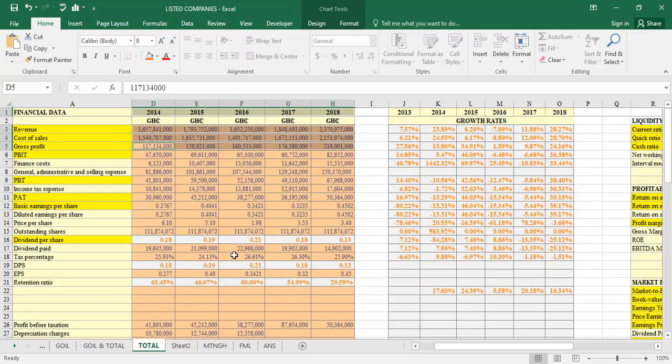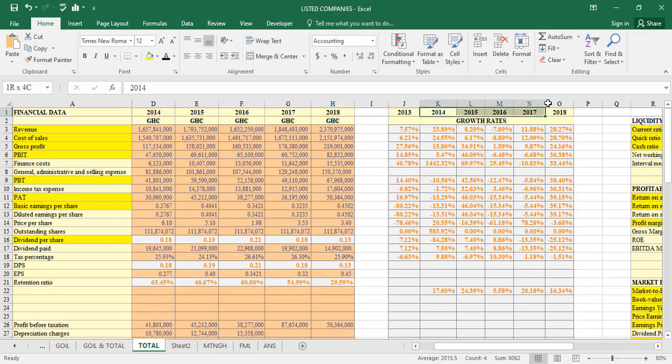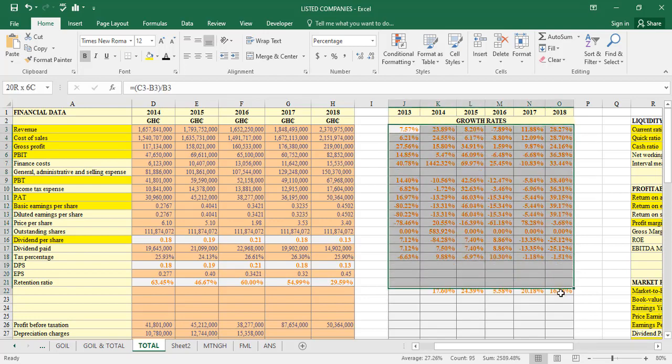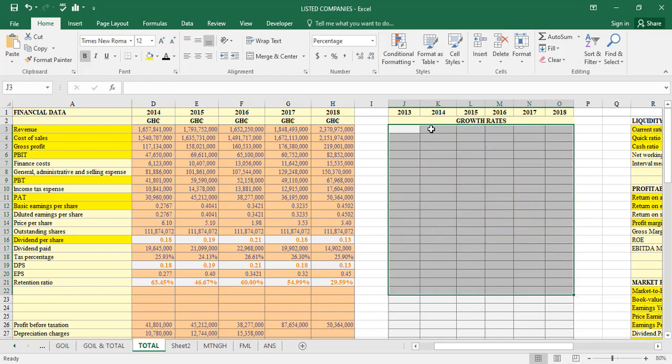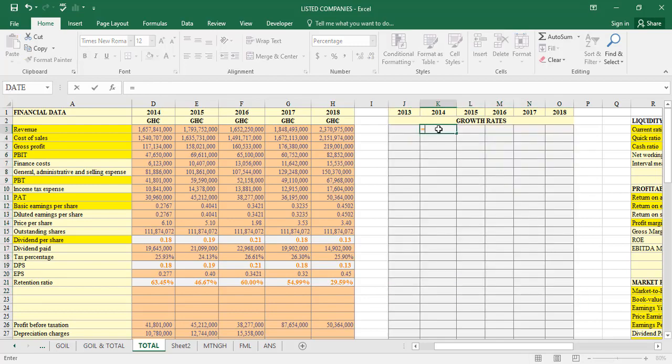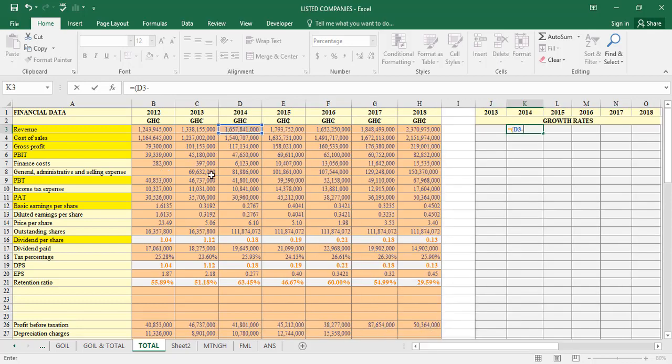Now let's look at how they have been growing this revenue from 2014 to 2018. We have already extracted the growth rates, but I would want to clear them up so that we do our own growth rate. For the growth rate, we need the current revenue, which is 2014's revenue, minus 2013's revenue, divided by 2013's revenue, and then you multiply it by 100.